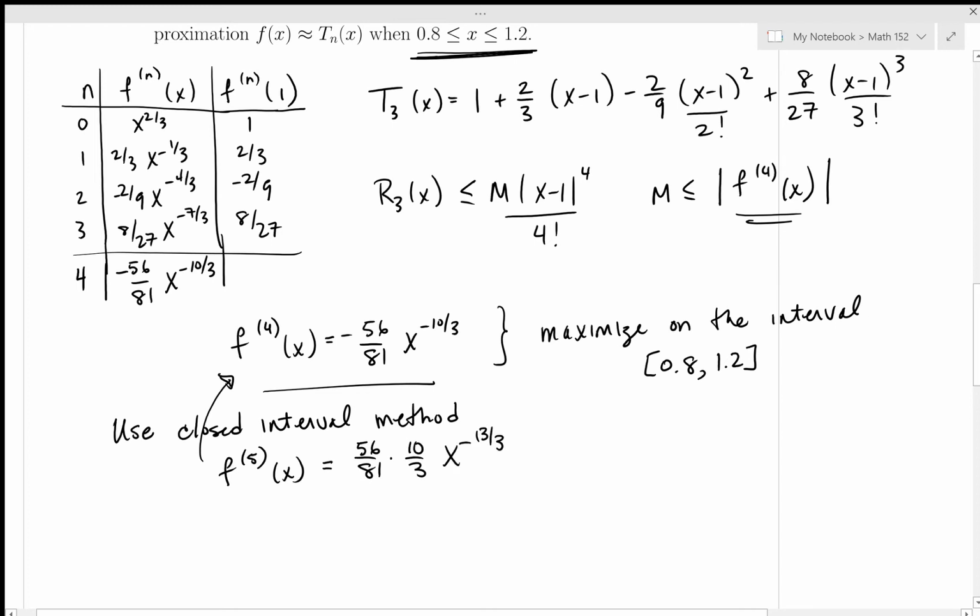So now I look at this and I see that this thing here is always positive, right? In the interval from 0.8 to 1.2, that thing is always positive. That means the derivative is always positive.